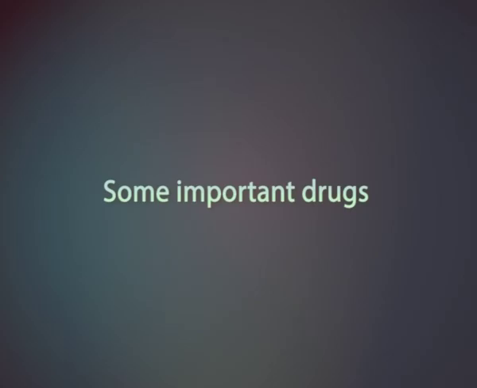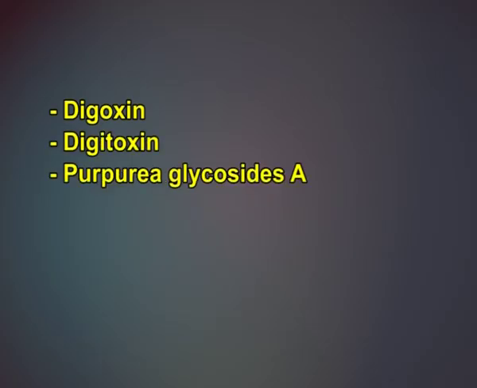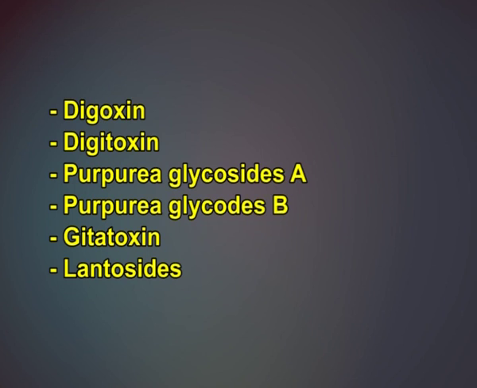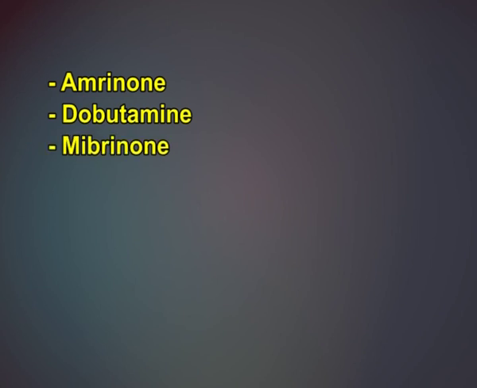Some important drugs. Some drugs belonging to the class are digoxin, digitoxin, purpurea glycosides A, purpurea glycosides B, lanatoside, ouabain, etc. Positive inotropic non-digitalis substituents are amrinone, dobutamine, milrinone and theophylline. Some of these are discussed here. First, digitoxin.